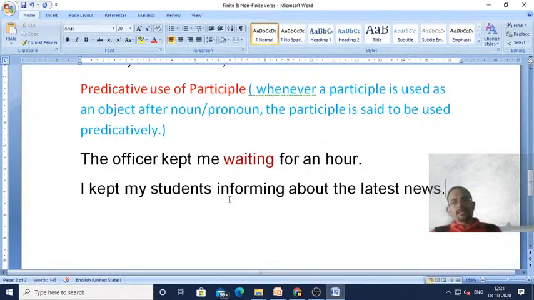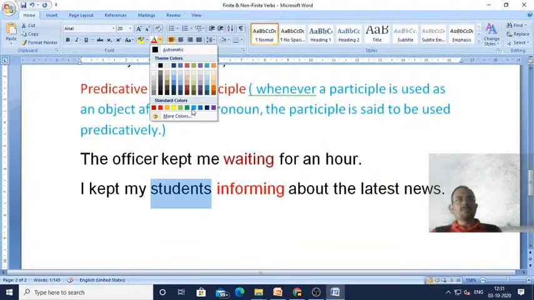So in this sentence you can see "informing" is the -ing word, which is used as an object after the noun "students".